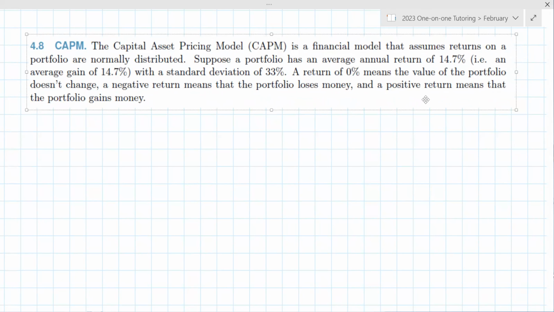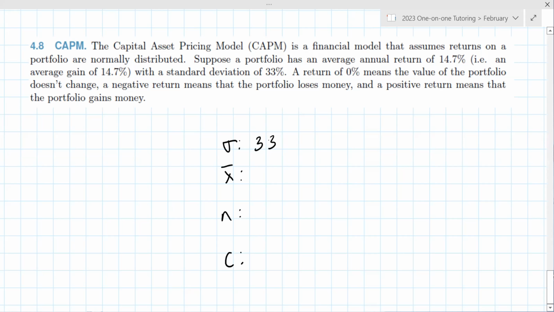Okay, so there's a lot going on here. What is the mean and standard deviation? The standard deviation is 33%. This one's a little awkward because it's in percents. I was working this problem with a college student, and it didn't matter when we did it whether it was a percent or a decimal, but it's a little weird.